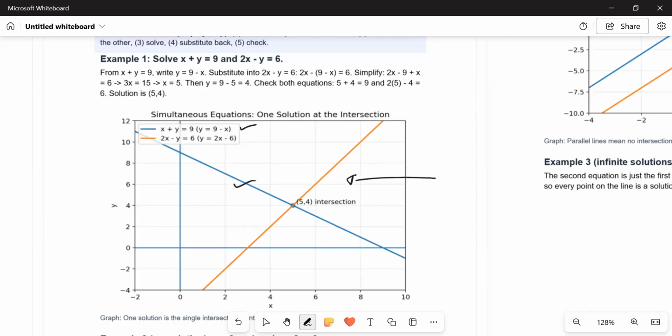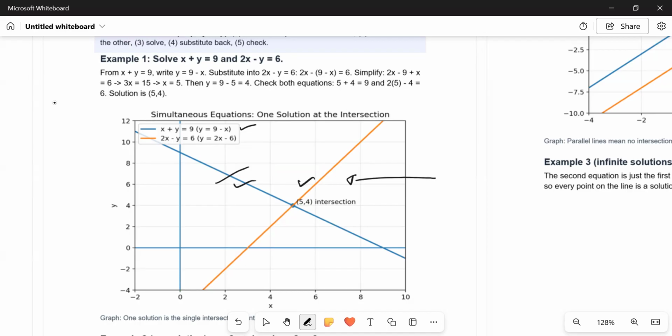This is y is equal to 9 minus x. So -1 is the negative slope. So this is the line. And this is y is equal to 2x minus 6. 2 is the positive slope. This is the line. And they will intersect at a point.